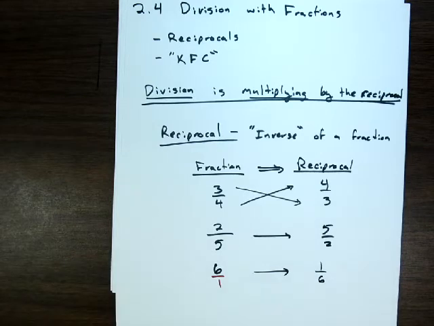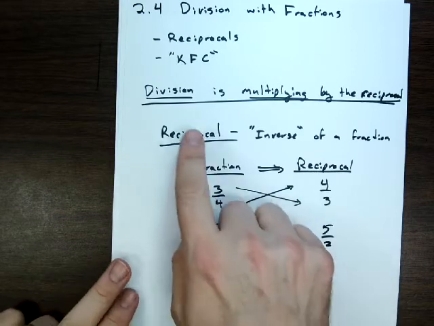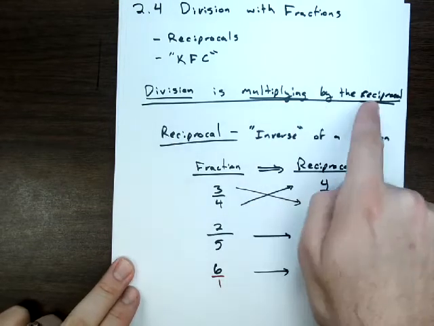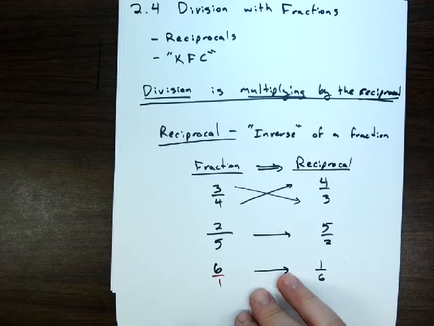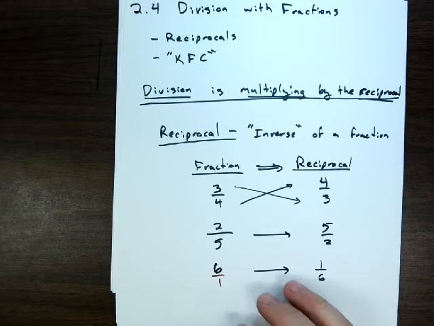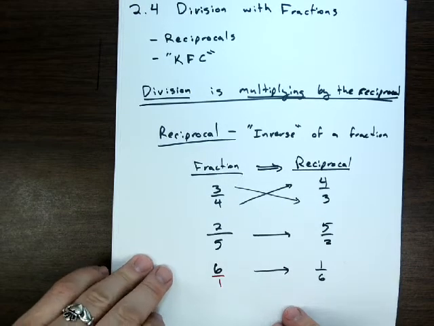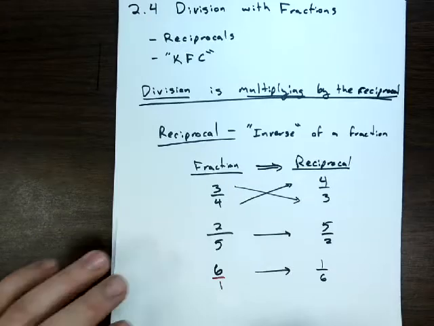Okay. Now that we have this, division is just multiplying by the reciprocal, this brings us to a very, very easy way of dividing fractions. All we're going to do is multiply by the reciprocal.